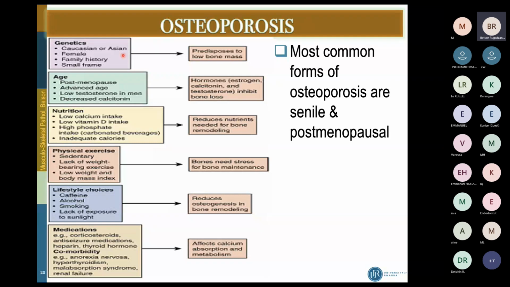So each of these factors has an explanation on how it will lead to osteoporosis. So the most common forms of osteoporosis are senile and post-menopause. So it is very rare to see osteoporosis before 50 years of age.